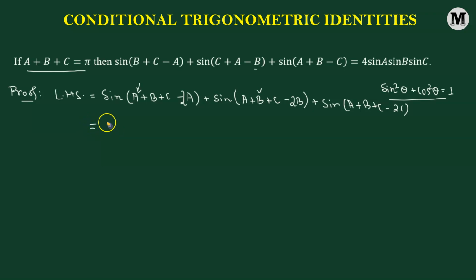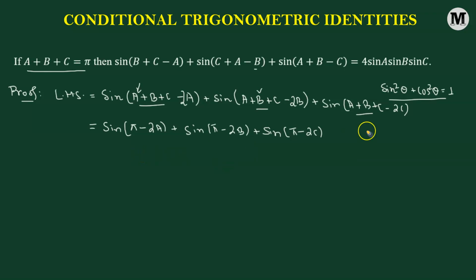Okay, now in place of a plus b plus c, in each of the three cases, we can replace it with pi radian. So we get sine of pi minus 2a added to sine of the angle pi minus 2b added to sine of the angle pi minus 2c. Now we have a standard formula.